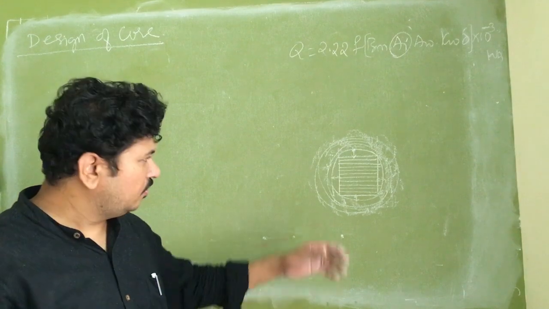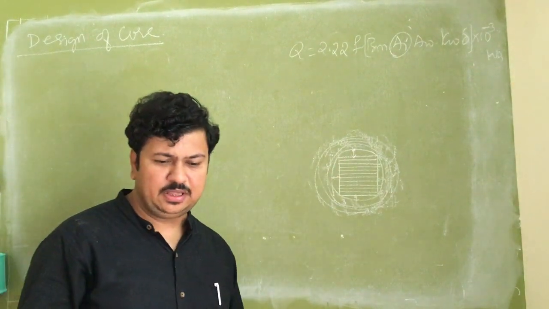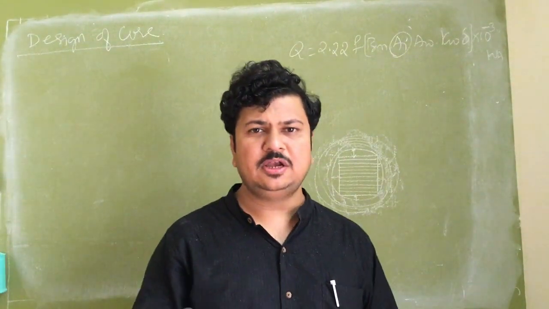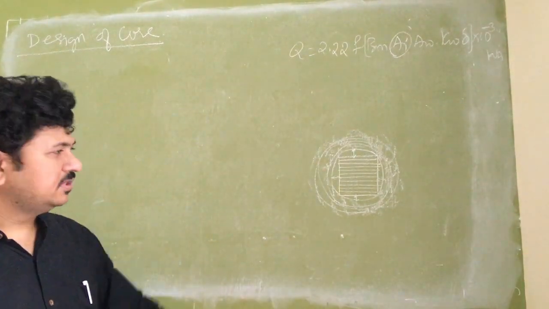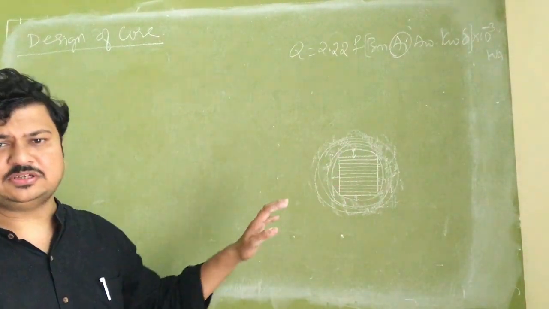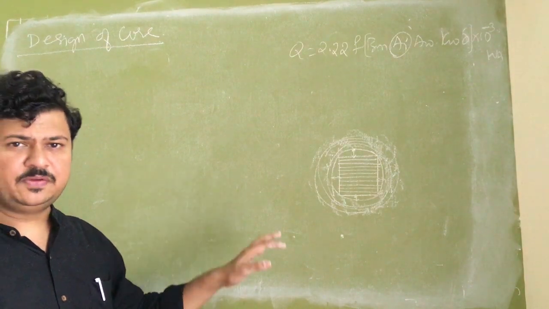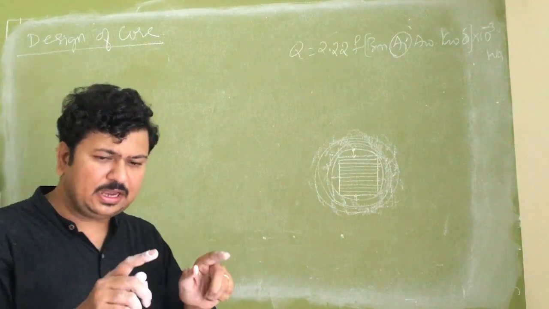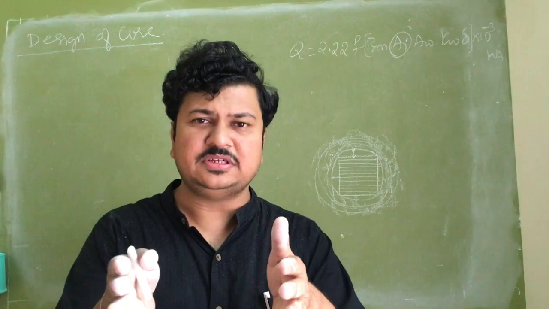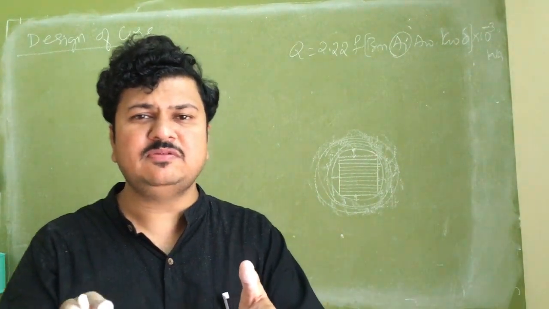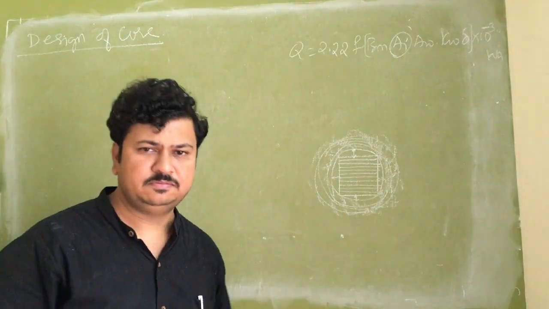If the core were made of a solid material, it would be extremely easy. But since the core is made of laminations, it is difficult to get an exact circular section by stacking them, because each lamination will form a chord of a circle.